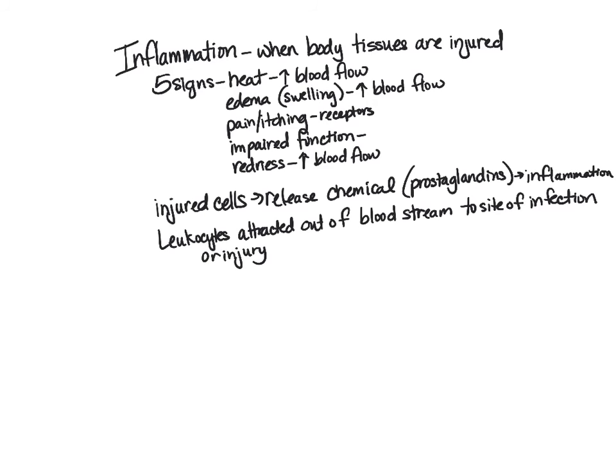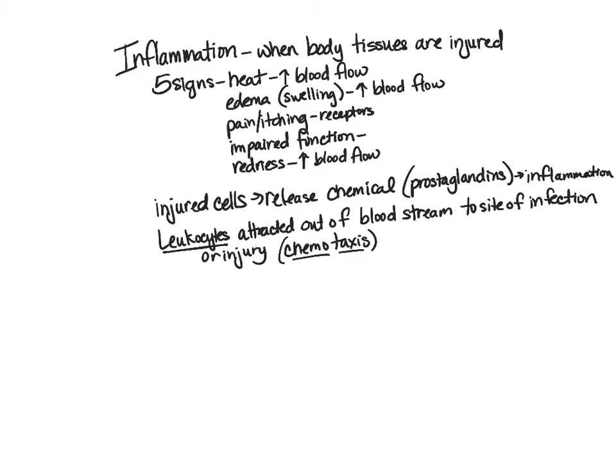So our leukocytes, remember those are our white blood cells, are going to be pulled out of the bloodstream and go to the site of infection. This is called chemotaxis. So chemo meaning chemicals because we've released prostaglandins, so it's in response to these chemicals, and taxis meaning movement. So movement in response to chemicals. So our leukocytes, our white blood cells, are going to be moving in response to these chemicals. So they're going to leave the bloodstream and move to the site of injury or infection.